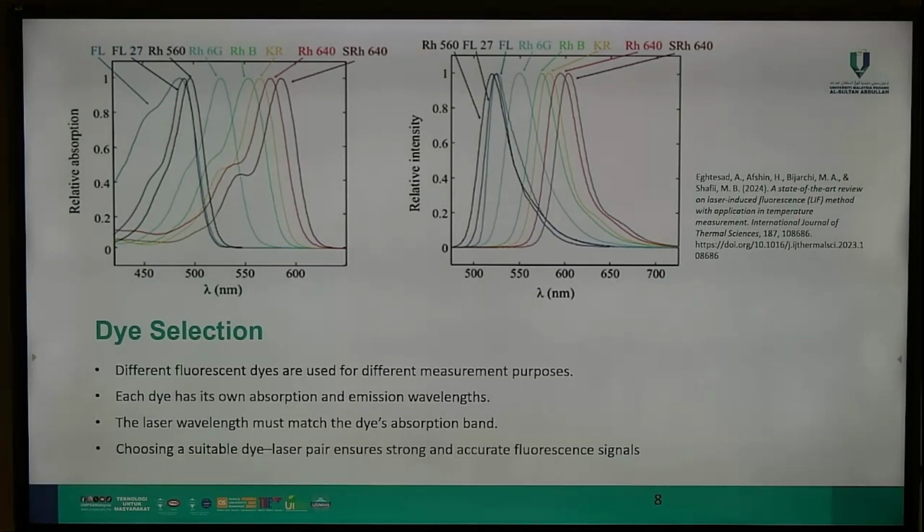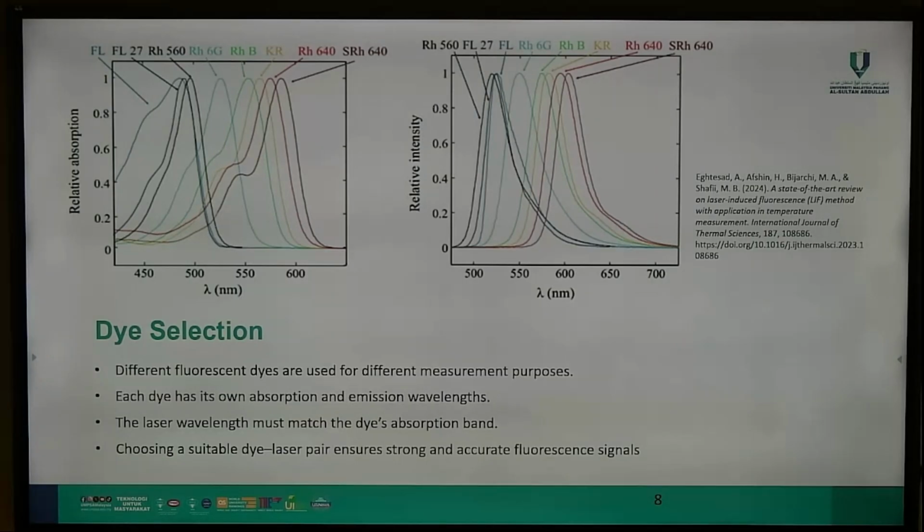This is the graph showing the multiple dyes that are usually used in measuring temperature. As you can see, there are fluorescein, fluorescein 27, rhodamine 560, rhodamine 6G, rhodamine B, KR, and another rhodamine and SRH.